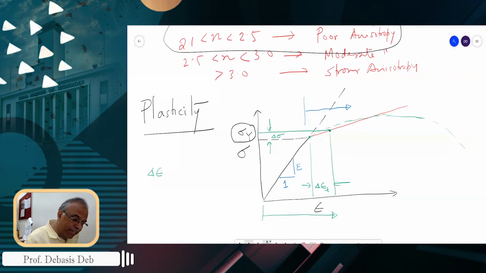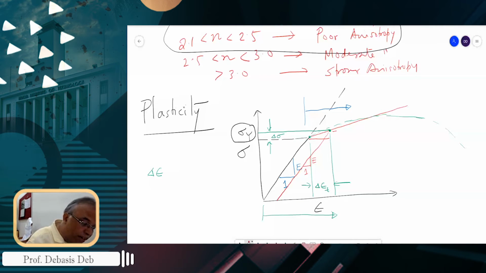Now I can conveniently draw a parallel line with this, and then it is just plain and simple geometry. So you can see if I draw a parallel line, this is also E, so this much is my delta sigma.